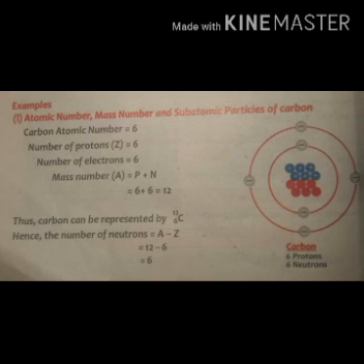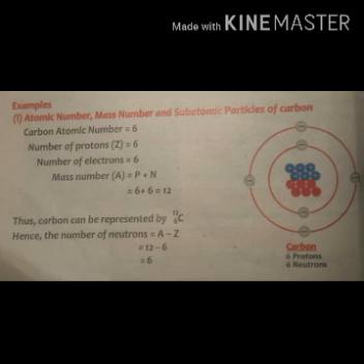So the mass number of carbon is 12. Thus, carbon can be represented as 12 over 6 C. Its atomic number is 6 and mass number is 12, and it is the symbolic representation of carbon.